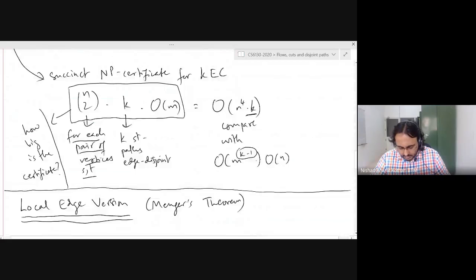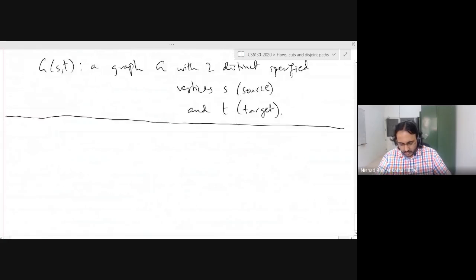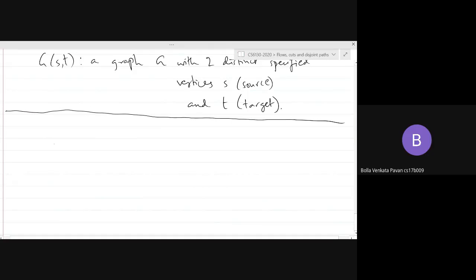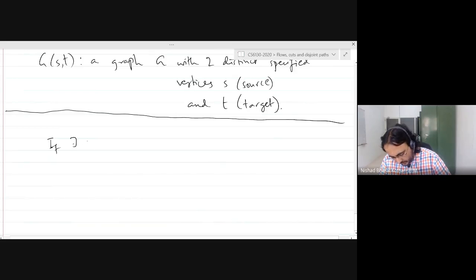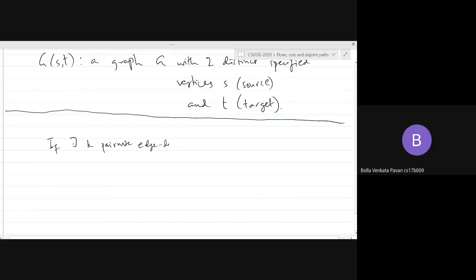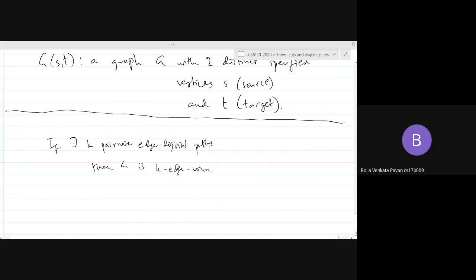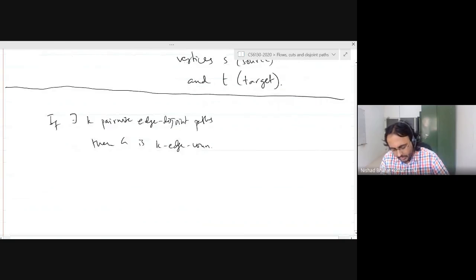Right. So let's go through it again because I'm a little confused. So what are we trying to prove? We are trying to prove the easy direction of Menger's theorem, right? So if there exist k pairwise edge disjoint paths, then G is k edge connected. Is that what we are trying to prove? Yes. So how do we go about it?